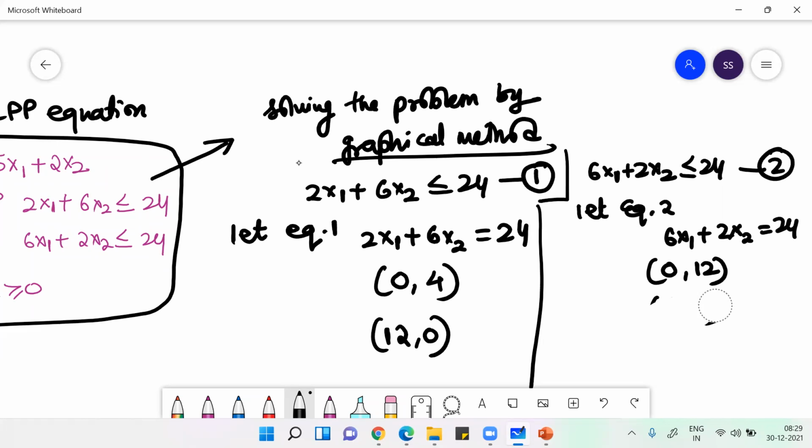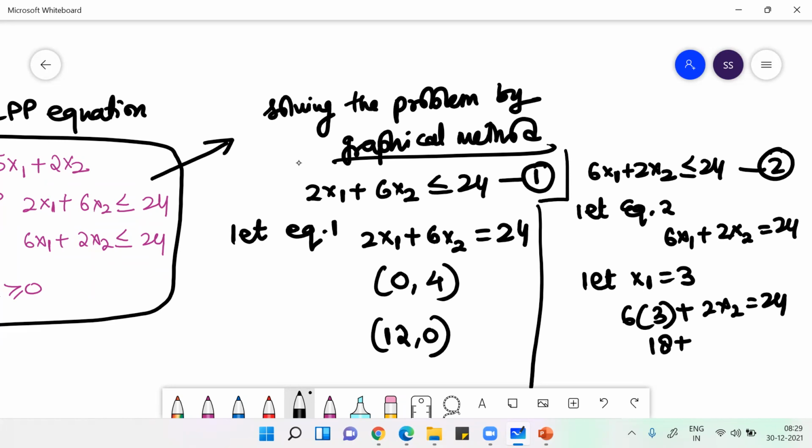Here I could have assumed anything. I could have assumed x1 is equal to 3. Then 6 into 3 plus 2x2 is equal to 24, so 18 plus 2x2 is equal to 24, so 2x2 is equal to 6, so x2 is equal to 3.